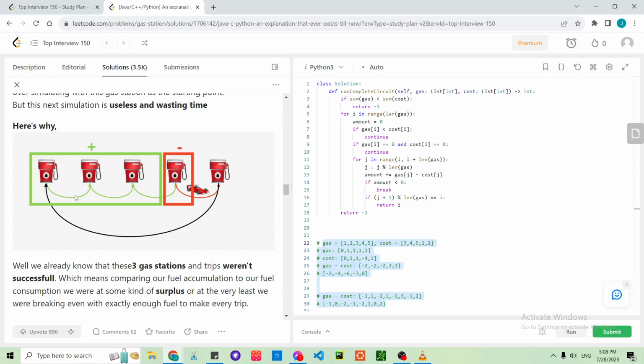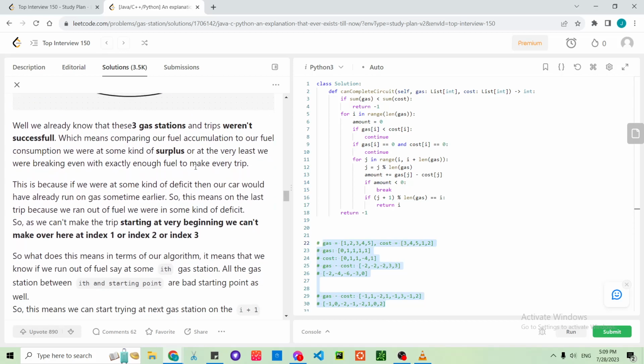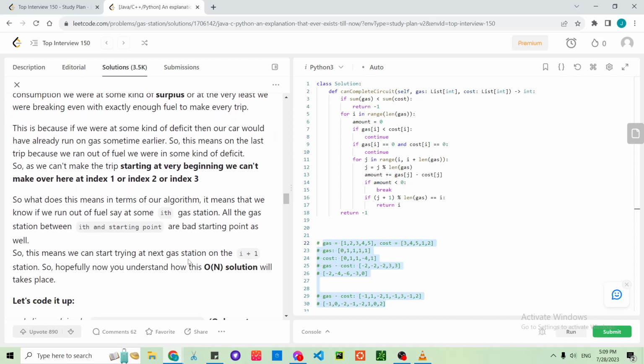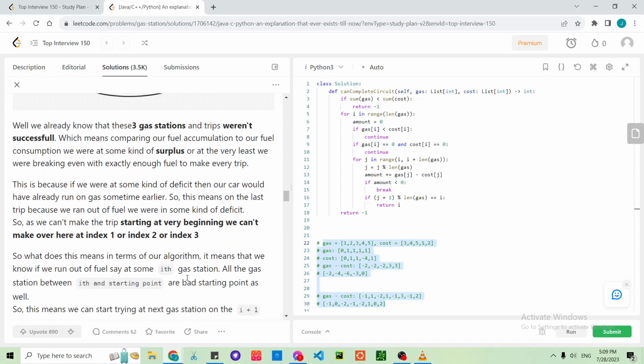And if we remove a positive part or a 0 part, then the gas left will just be even smaller or the same, so it won't be able to go any step further anyways. So when we realize that it fails here, there's no point in trying from that and that again, or that. So we can just start trying from the next gas station.